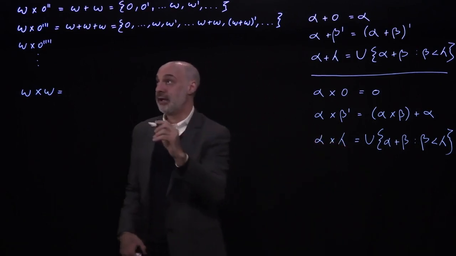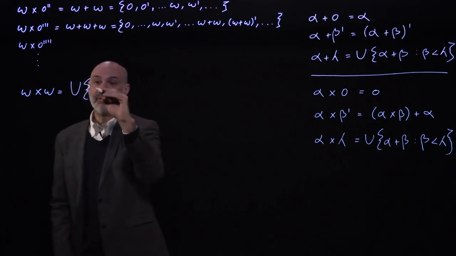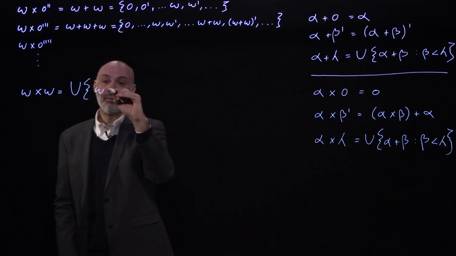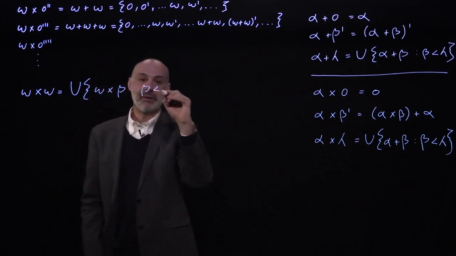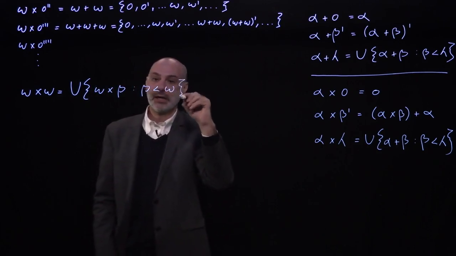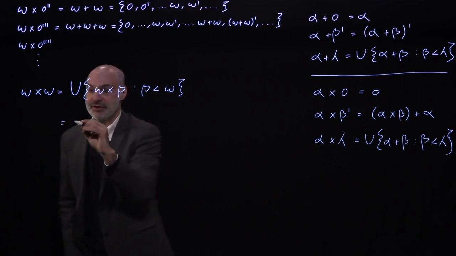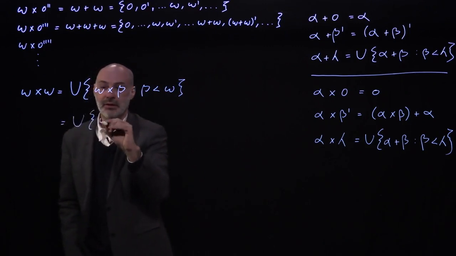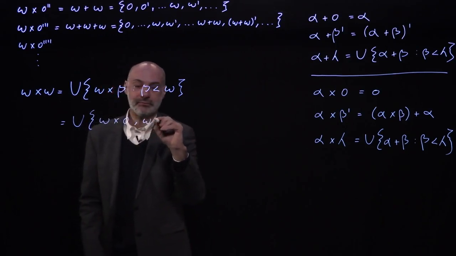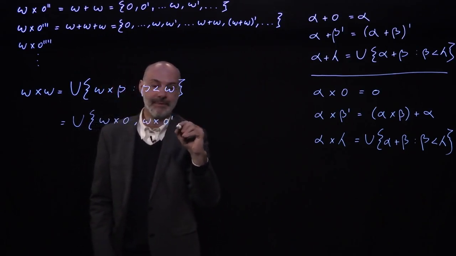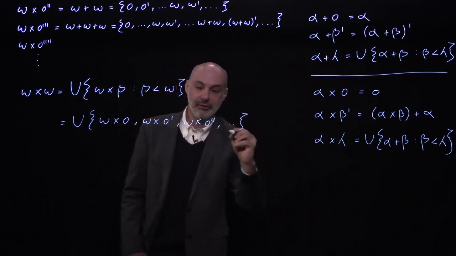So by our third clause, omega times omega is the union of the set omega times beta for beta smaller than omega. In other words, for beta a finite ordinal. And that's just the set omega times 0, omega times 1, omega times 2, and so forth.